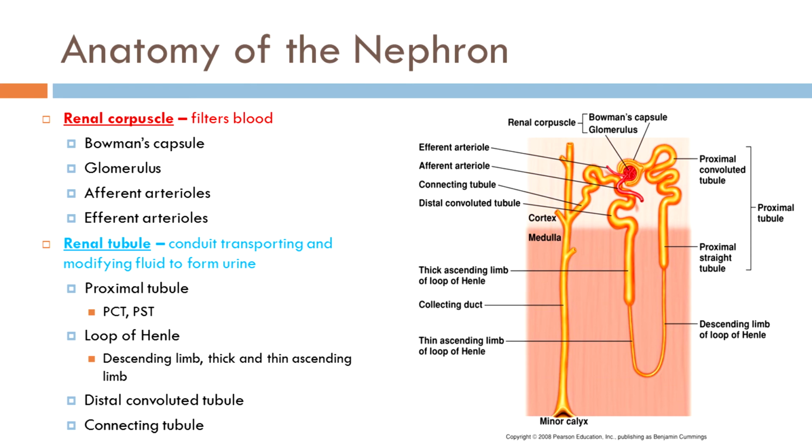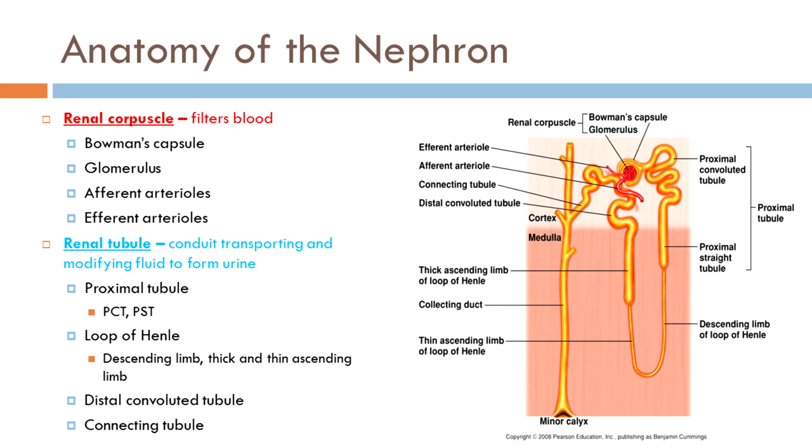So we have the renal corpuscle that filters the blood. That consists of Bowman's capsule, which just looks sort of like this, and the glomerulus, which is the inner portion of this, which contains the glomerular capillaries.